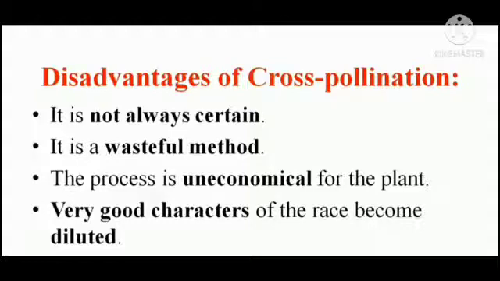Why? Because a large quantity of pollen needs to be produced to ensure cross-pollination, and much of it goes waste. And the third is the process is uneconomical for the plant because the plants have to develop many devices such as scent, nectar, colored petals, etc. to attract various pollinating agencies.